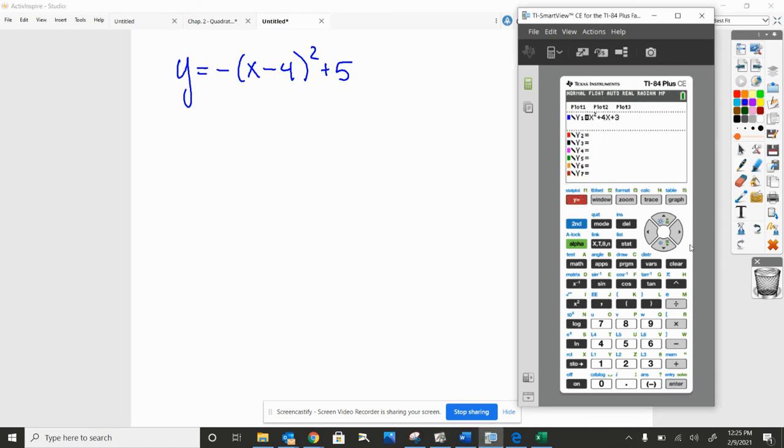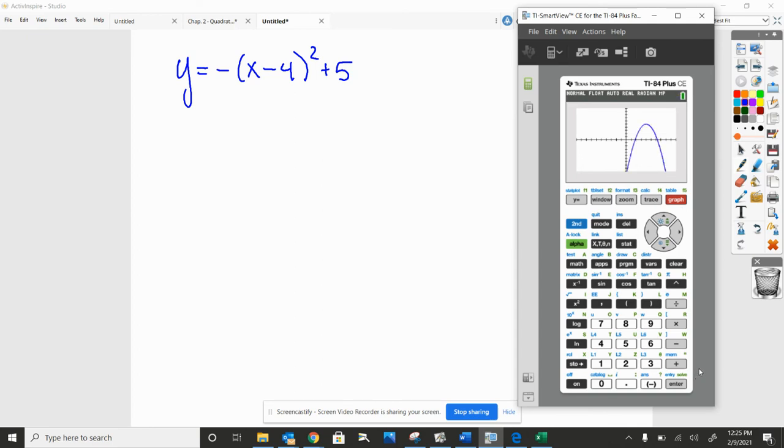To clear this out, we just hit clear. Now I need to type this in exactly how it is. Remember, whenever you say negative in your head, that means that little baby negative. Okay, parentheses, type it in exactly as it is. This is the x you use, -4, and your parentheses. Use the little square right there, +5. Okay, now we're going to hit graph.